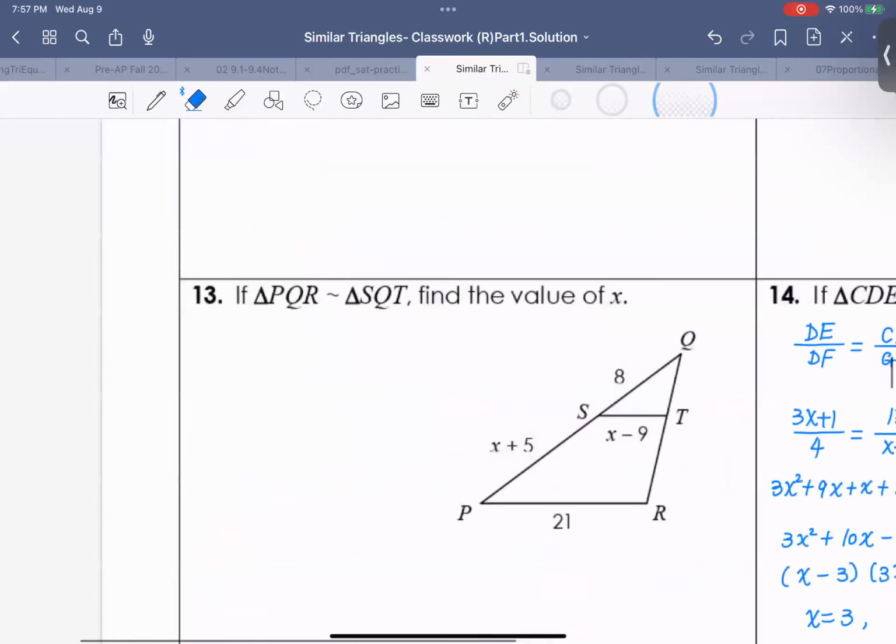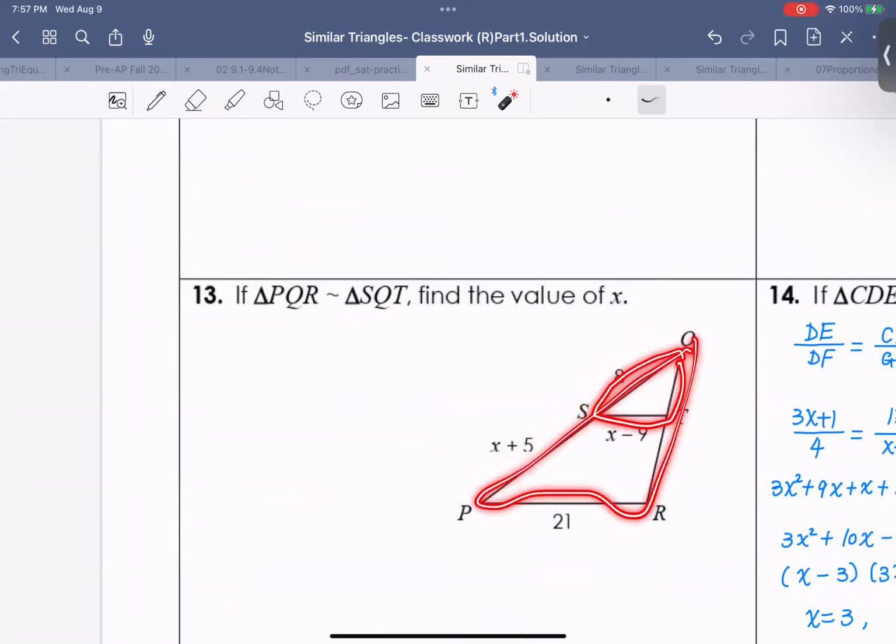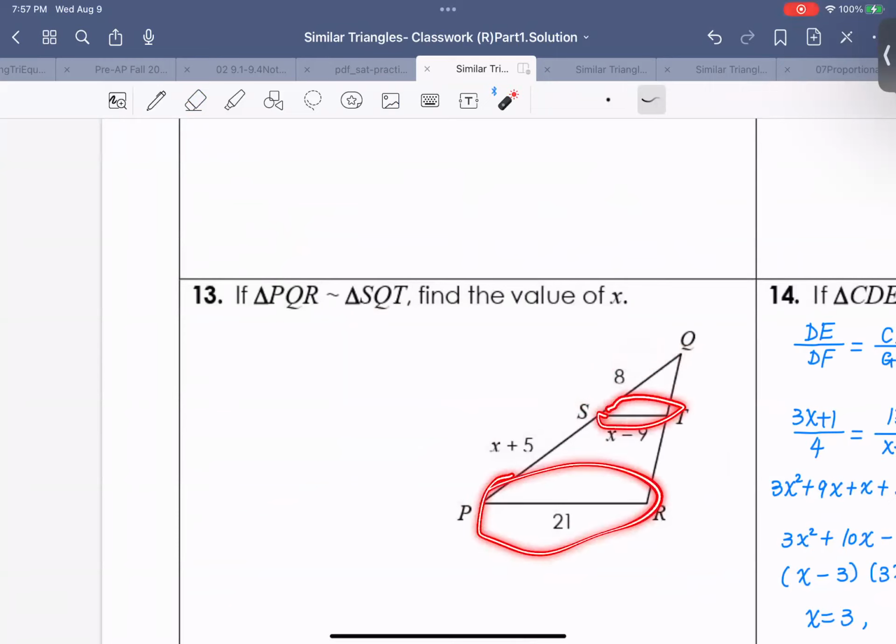Try 13, please. Do the proportion. This small triangle is similar to this big triangle. So you will have this side over that whole thing equals this side over this longer one. You don't need to worry about this side because they didn't mention any letters or numbers.